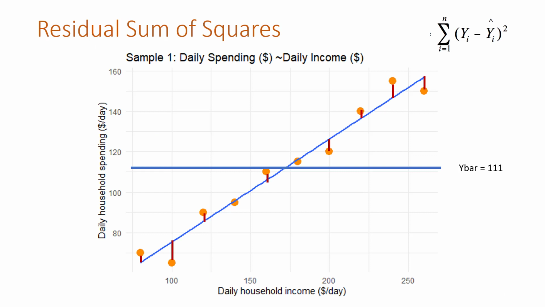And here the residual sum of squares is in the red lines, and those are between the observed points, or y i, and y i predicted, or the predicted y value at that point. So the residual sum of squares would be squaring each of those red distances and then summing them together.